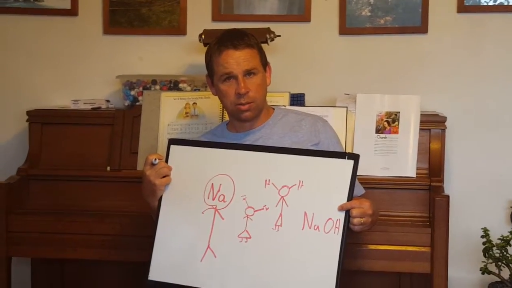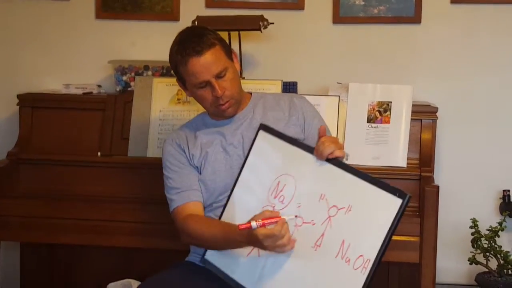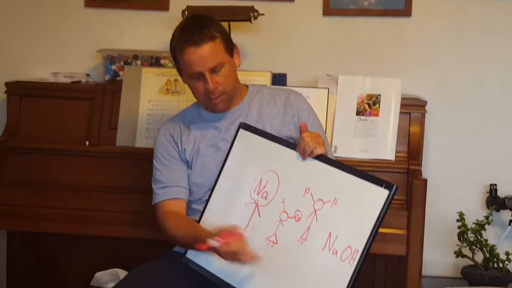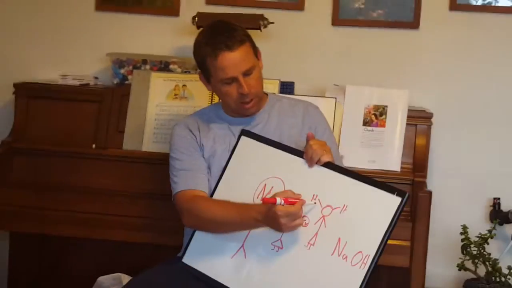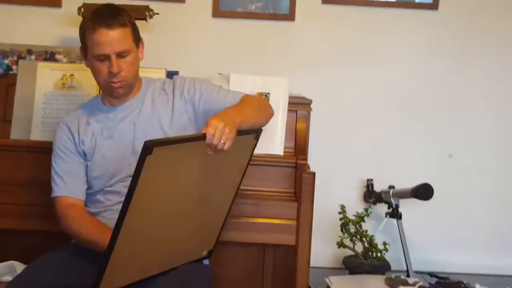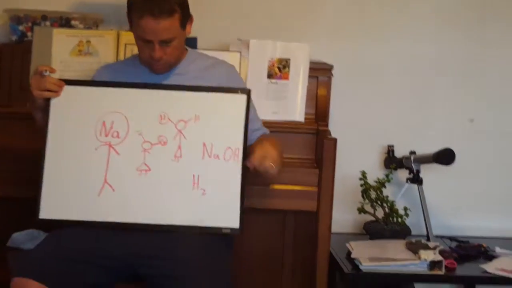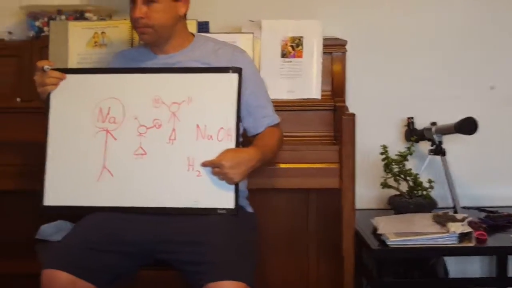Sodium hydroxide. And there's an extra hydrogen that water lets go of. It combines with another extra hydrogen that some other water let go of and forms H2, hydrogen gas.